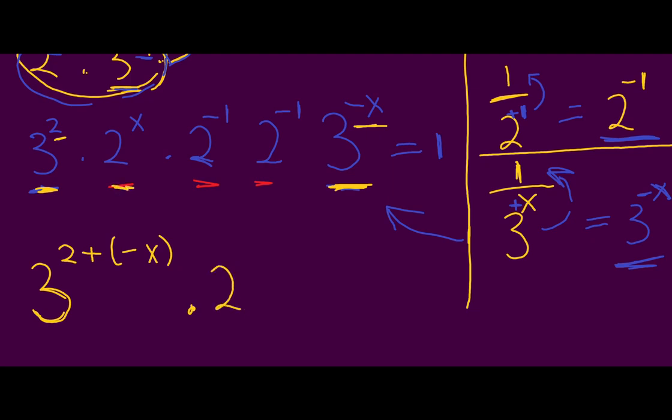And then we're going to add their exponents, so that is x plus negative 1, this one plus this one, negative 1. All of this equals this one, 1, right?